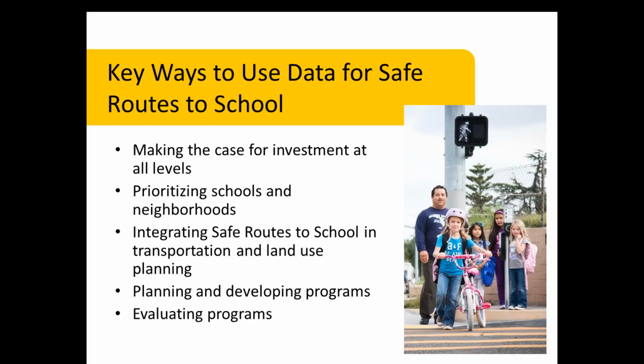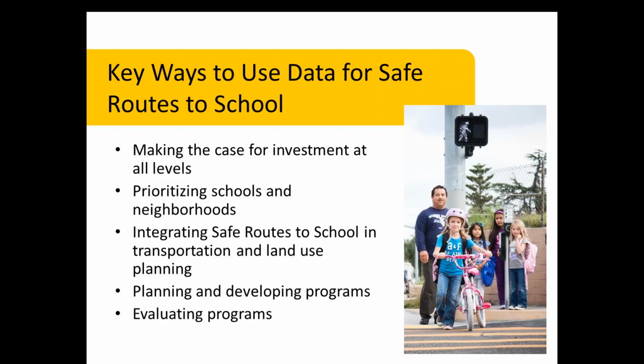Looking at the key ways of using data for Safe Routes to School, we found 5 key categories of things that people are doing or could be doing more of. First is making the case for investment at all levels. This is especially important at the local level, to help local decision makers understand that it's worth investing the time and resources into Safe Routes to School.